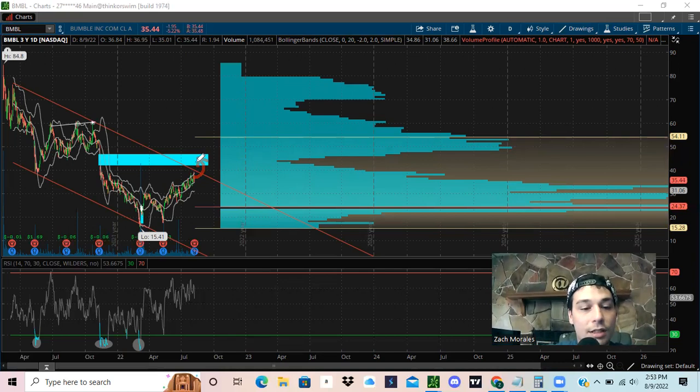If we continue that momentum, most likely we're going to head back up into the $50 range as that's our next high volume node. But currently, I would be a little bit more fearful and be looking for some downside protection if I'm in this play. If you have some Bumble shares, maybe set a stop loss or just some type of protection.